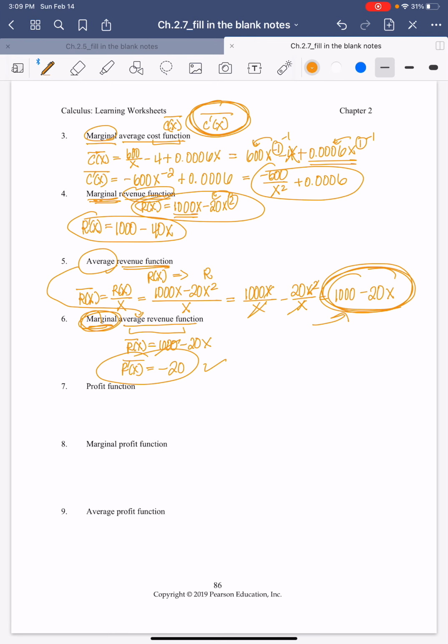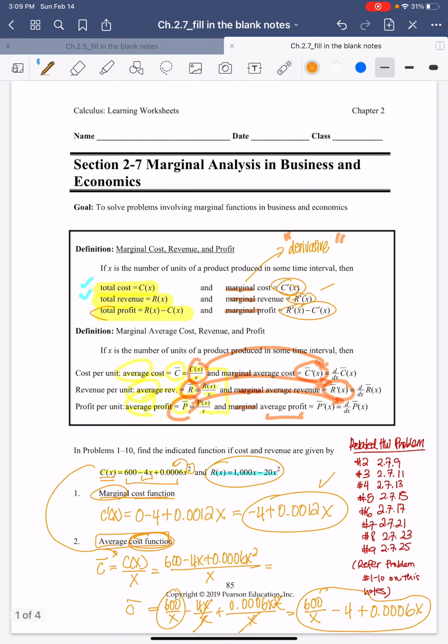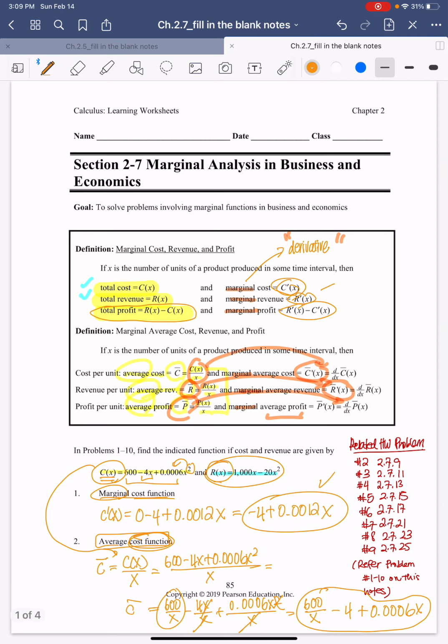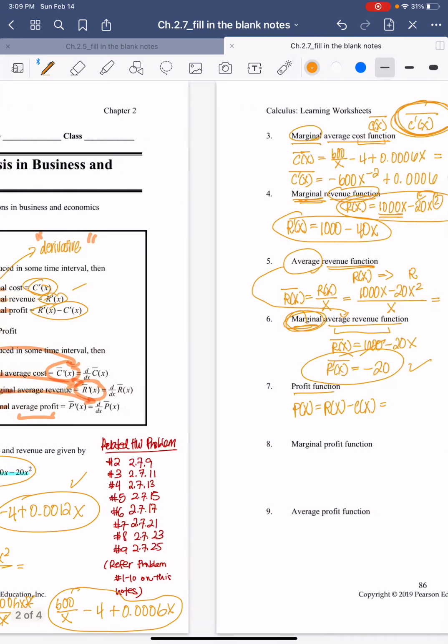Okay. Profit function. What is profit? Profit is revenue minus the cost. So let's first find the profit function. Revenue minus cost. Revenue from earlier highlighted in blue and then highlighted in yellow for cost. I'm just going to copy down.